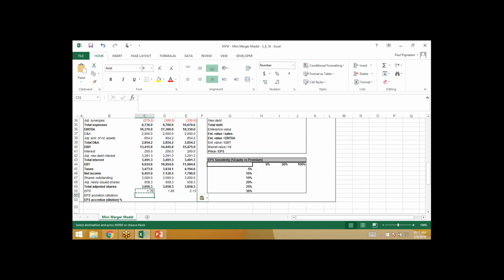Okay? Everyone have that? 2.13. Is that accretive? Is it dilutive?